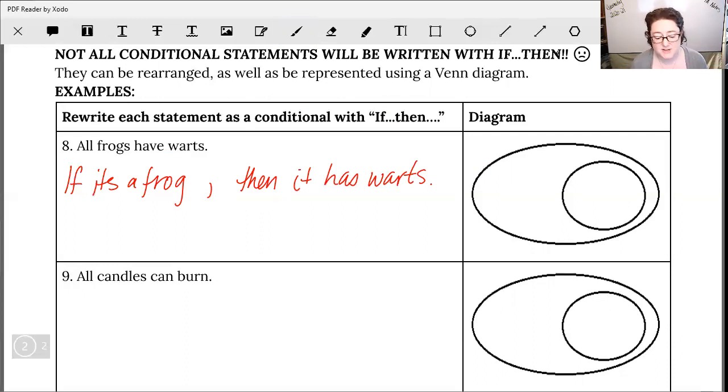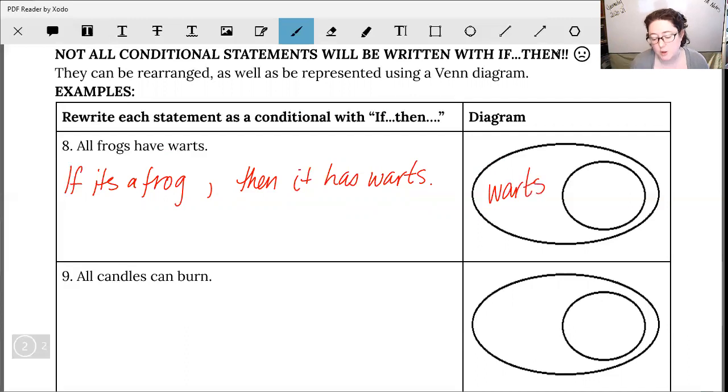Now we can also map this out. If we think about what's the bigger group, frogs or warts? Are frogs the only things that can have warts? Unfortunately, humans can get them too, especially if they pick up a lot of frogs or toads. So we're going to use that as our group. So our conclusion, our then, our warts is kind of a bigger encompassed group.